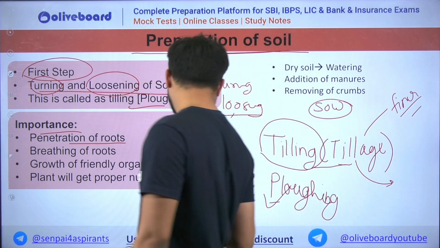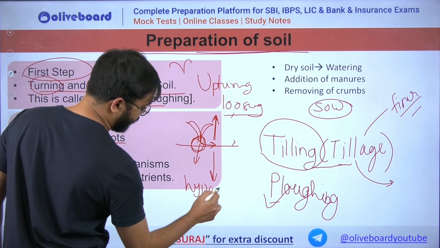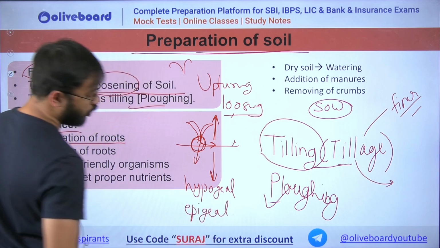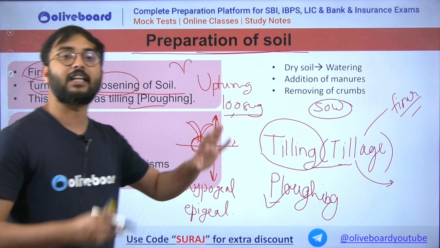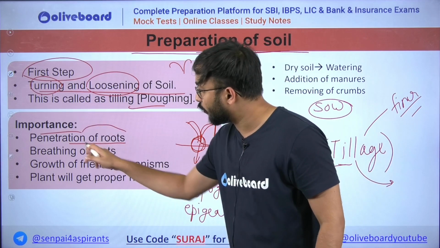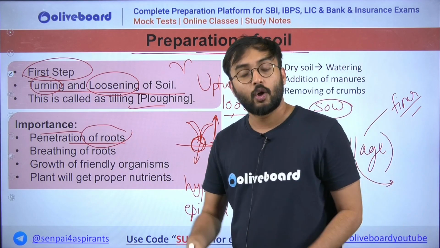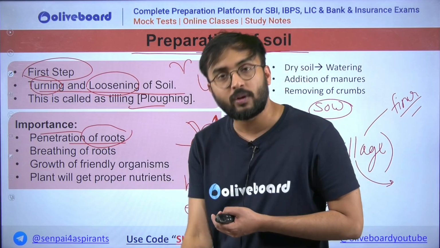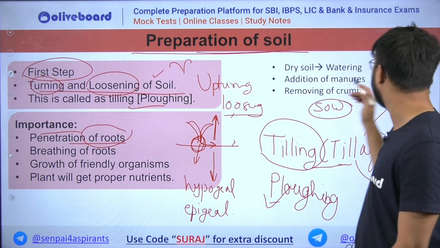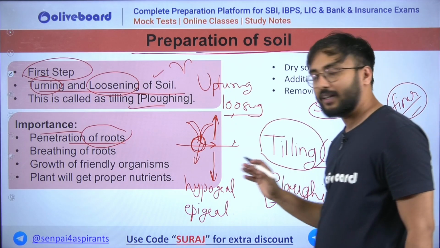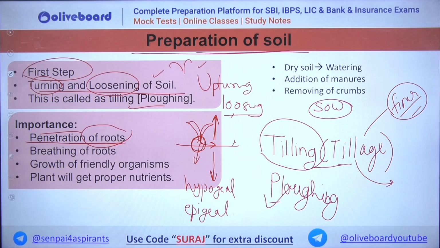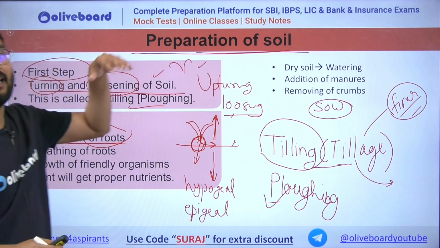These two types of germination are there, either hypogeal germination or epigeal germination. These are nothing but the initial growth of stem or root out of the seed. Now the penetration or growth of root which will happen into the soil, deep down into the layers of the soil, if the soil is prepared in a proper finer structure, if that soil has a proper structure and texture, then automatically there will be more penetration of roots into the deeper layers of the soil.